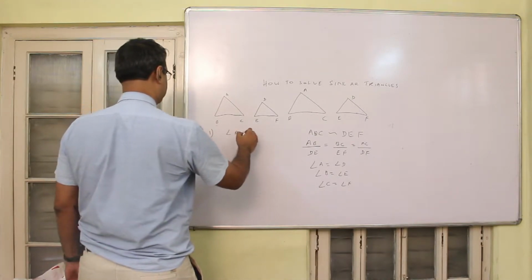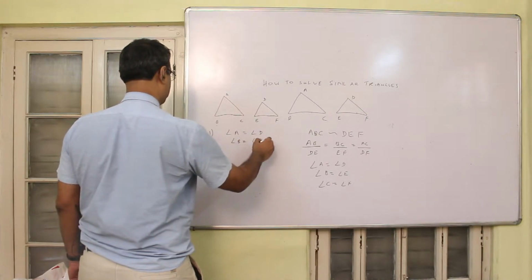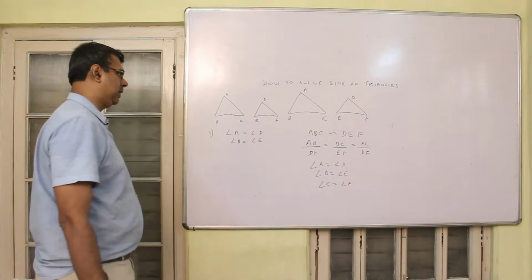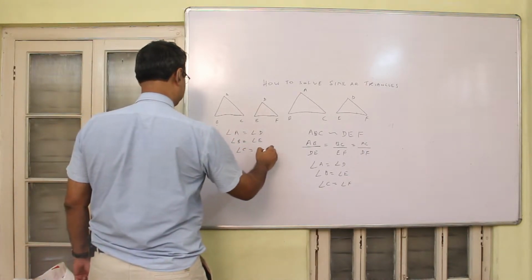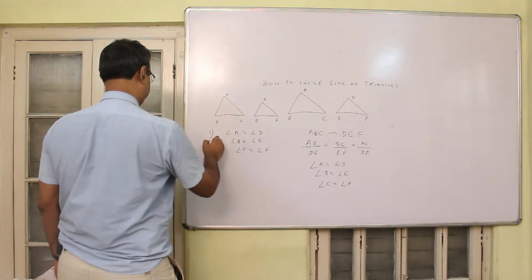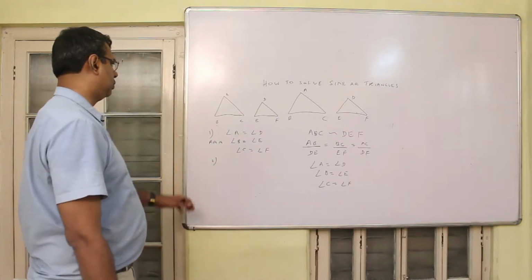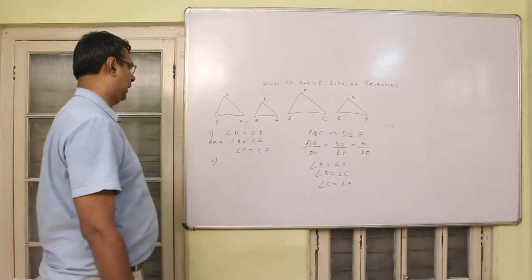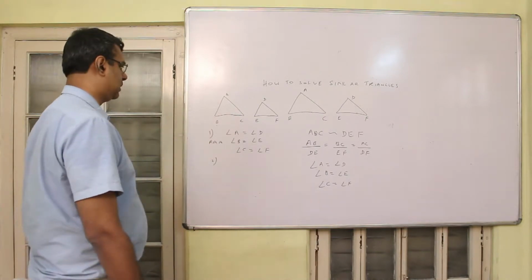The first is you prove that the corresponding angles are equal: angle A equal to angle D, angle B equal to angle E, angle C equal to angle F. This is known as AAA. If you can prove that the angles are equal, then the two triangles are similar.